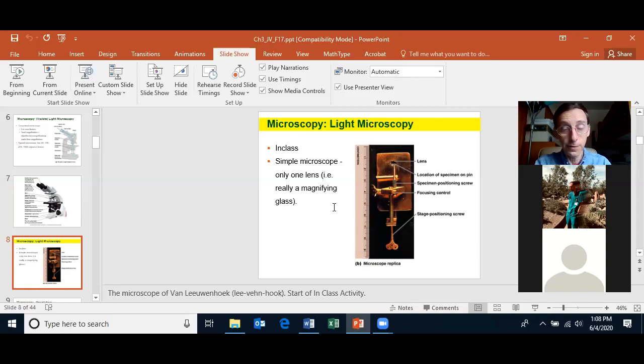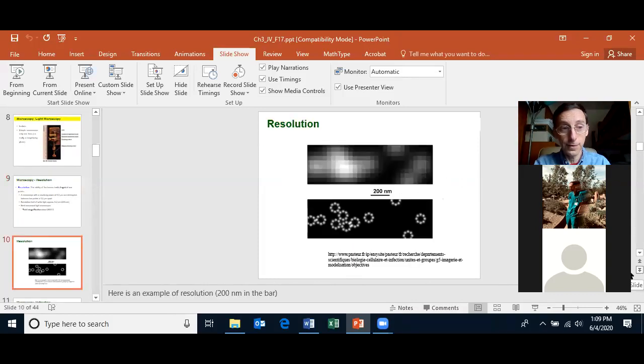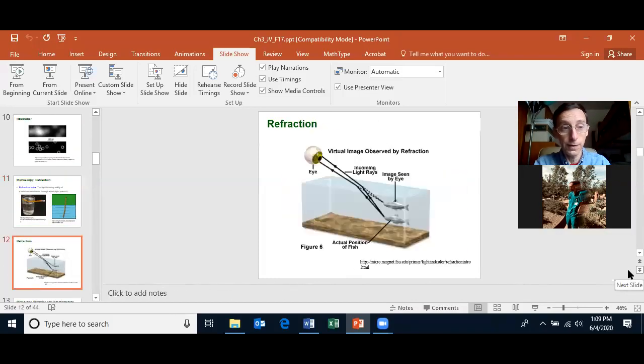And this is the start of the InClass activity. You'll be working on that in the worksheet, so I'm not going to go over these slides. Are there any questions on anything we've talked about? No questions? All right, so let's skip over the slides that you're going to work on in the worksheet.